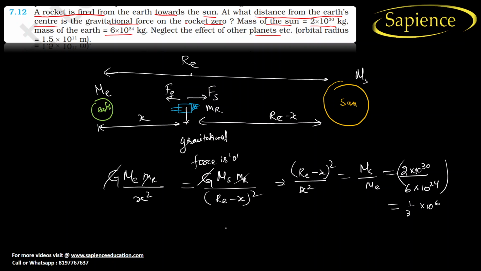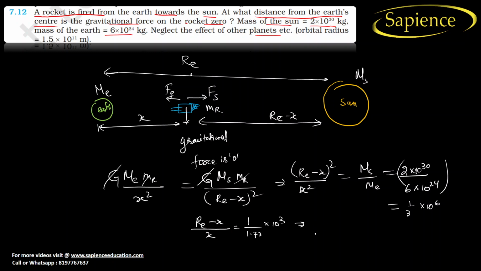Okay. So finally, if we take a root under, that is (Re minus x) by x is equal to 1 by 1.73 into 10 power 3, because the root of 3 is 1.73.